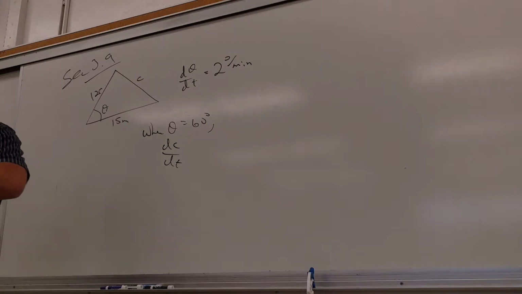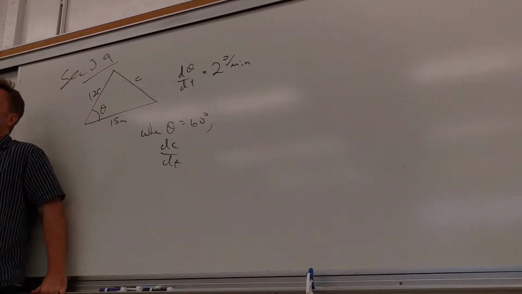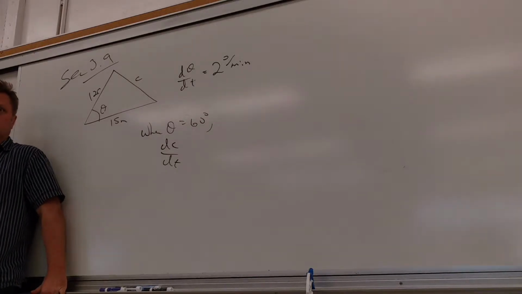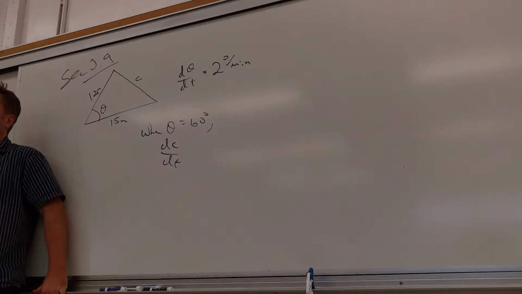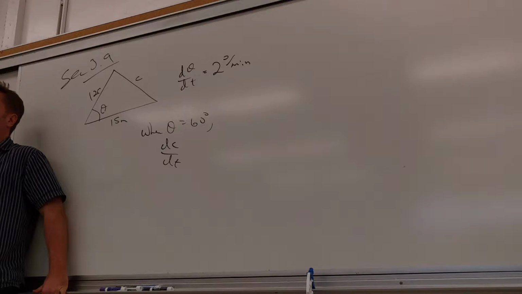I don't know if you guys remember what that means. I don't know how you're taught this: law of sines versus law of cosines. Where are my pre-calc people? When can you use law of sines? When you can actually make a complete ratio.